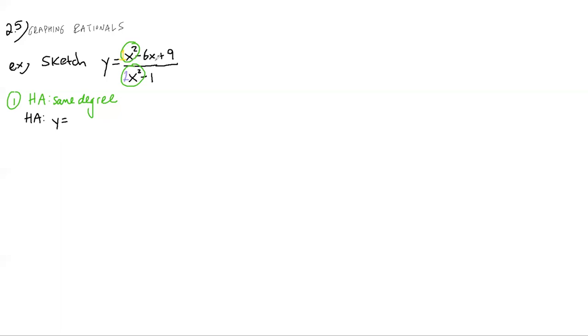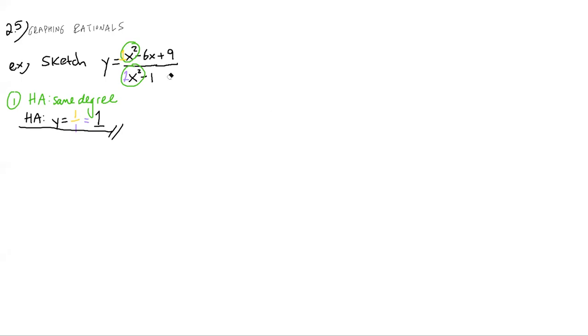So y is equal to 1 over 1, which is just equal to 1, obviously. So that's going to be our horizontal asymptote at y equals 1. So it's pretty quick to figure that one out.